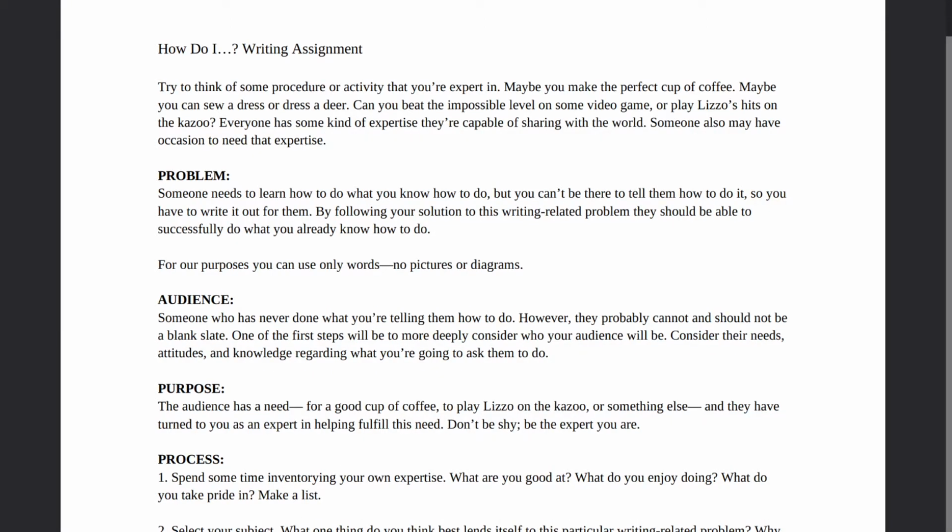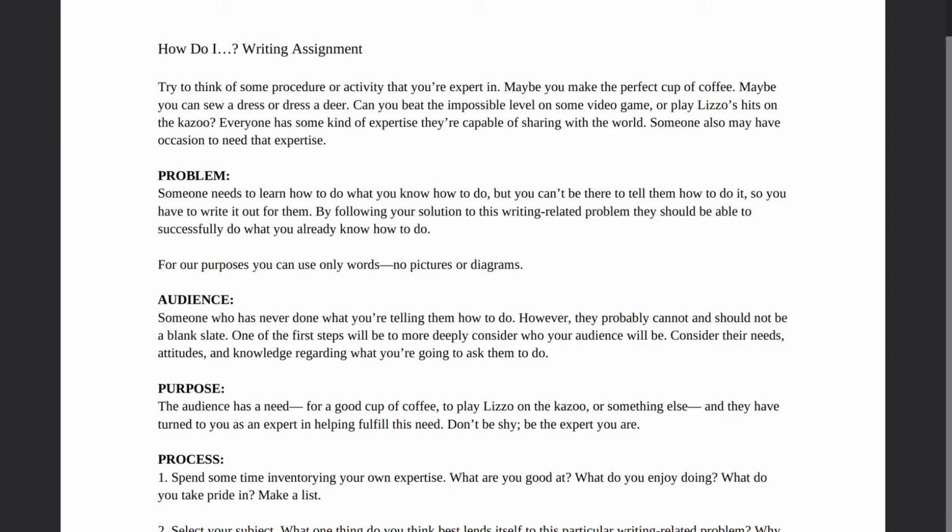So the idea here is that you are going to write instructions to complete a procedure that you are an expert in, something that you already know how to do perfectly and completely, for an audience that has never done what you're telling them how to do.